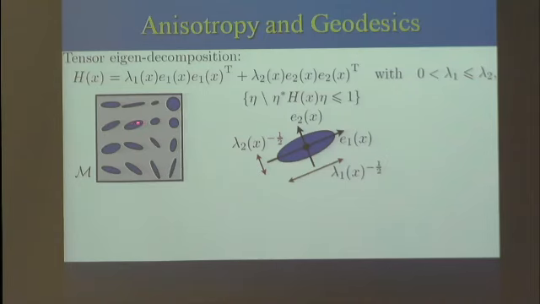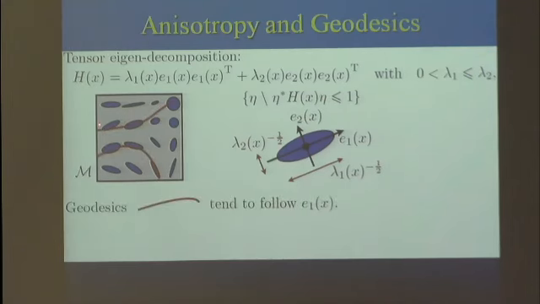It is an ellipse, and the long axis and small axis are 1 over square root of lambda 1 and lambda 2, which means that if lambda 1 is the smallest eigenvalue, the curve will prefer to align in the direction of E1 to have smaller cost at a point. It will prefer to be in the direction of the long axis of this ellipse, which means that the curve will preferably follow the long axis of these ellipses.